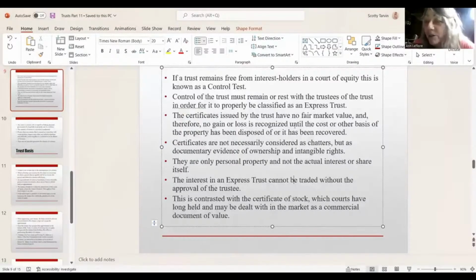So in trust, you are one of 3 people. You are either the grantor, or what they call the settler, or the creditor, whatever they call that. And you could be the trustee, or you can be the beneficiary. So by signing this as a grantor or a trustee, it means that you are taking possession of that certificate, and now it belongs to you, and you get to move it into your trust.